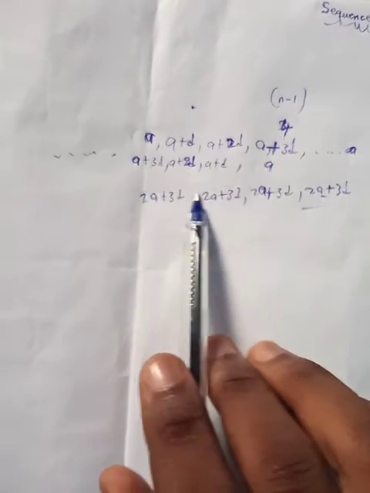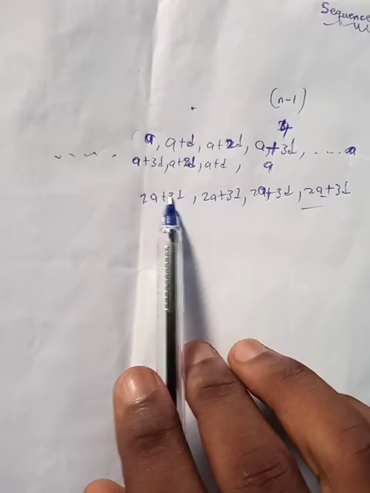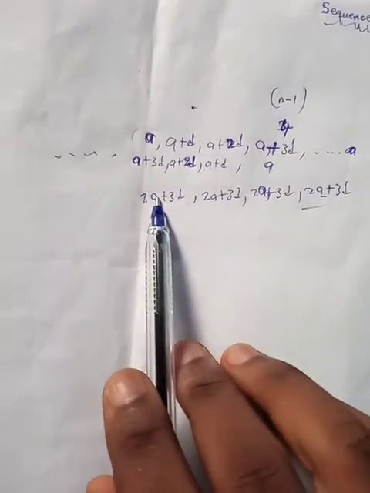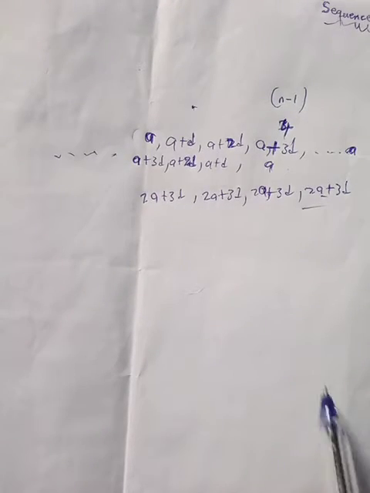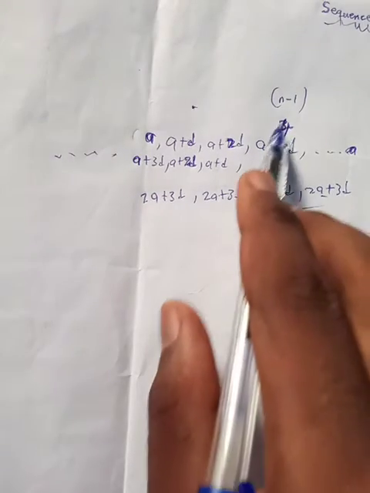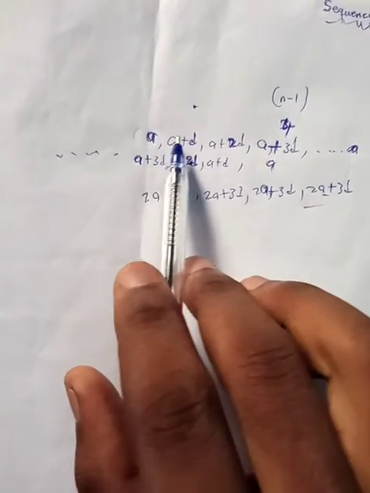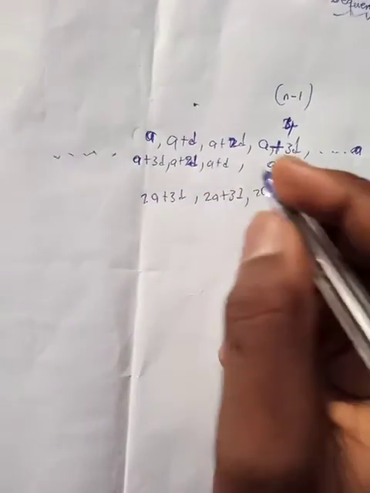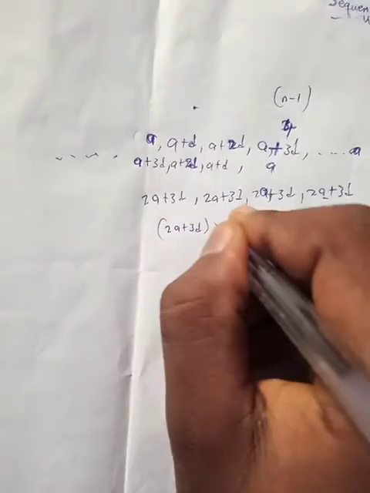I don't even need to sum this because when the numbers are the same and you want to find the sum of them, you multiply one of them by the number of times they occur. He said they occur 4 times, because we only used the first 4 terms of the AP. So he quickly said 2a plus 3d in brackets times 4.